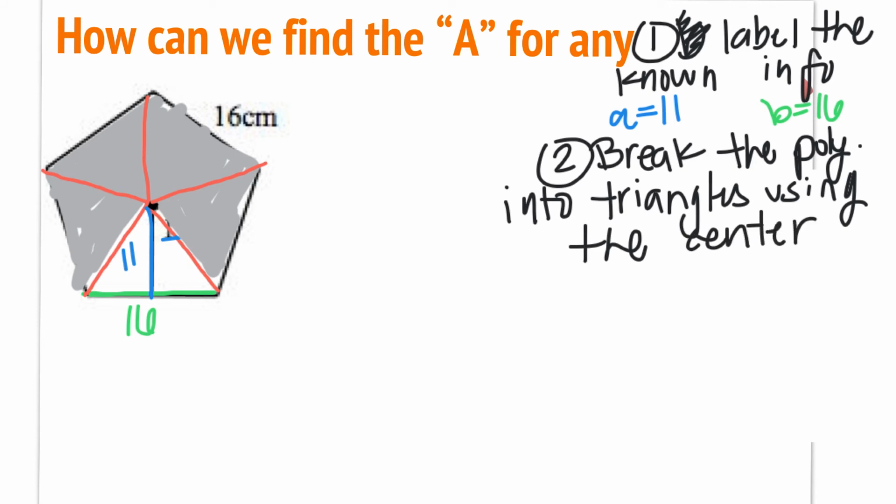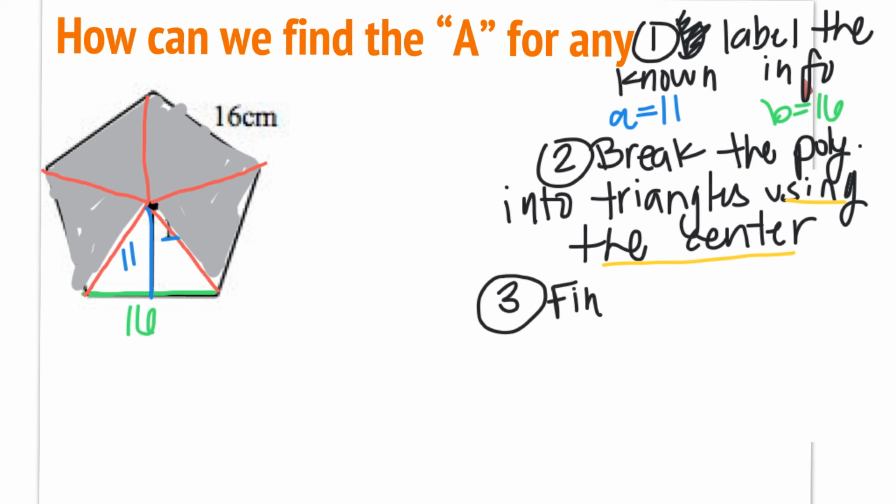Now that's going to be really important, so I'm going to actually underline that. Using the center, because it's similar to what we did yesterday, except instead of using a vertex, we're going to use the center.